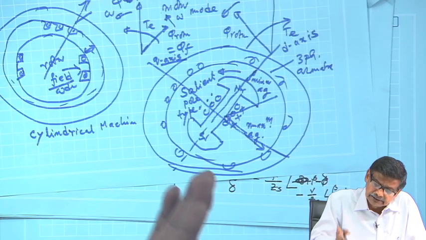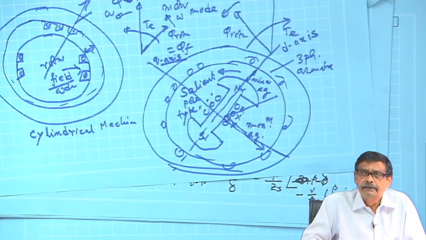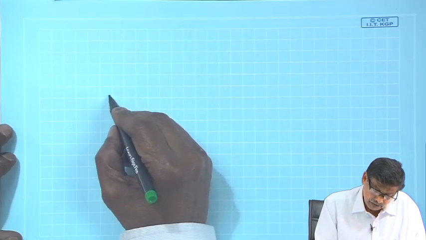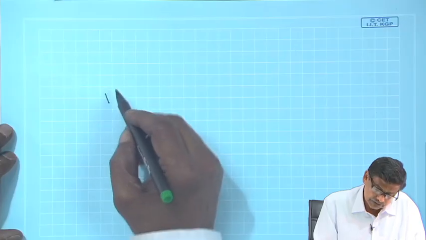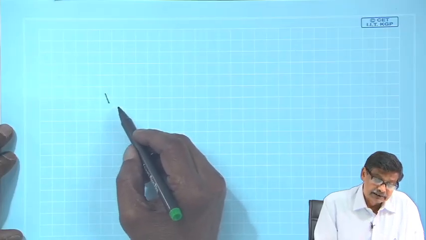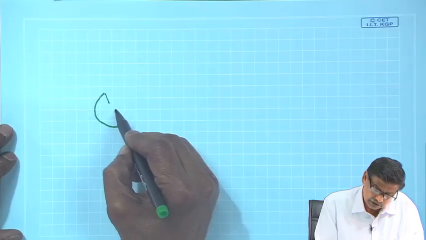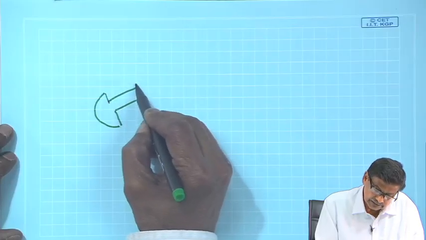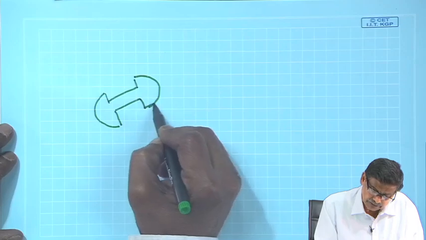Blondel proposed an elegant method. He told that okay, if this is your field winding, only this I am drawing, suppose this is the rotor, salient pole type, and I am not drawing the stator part.